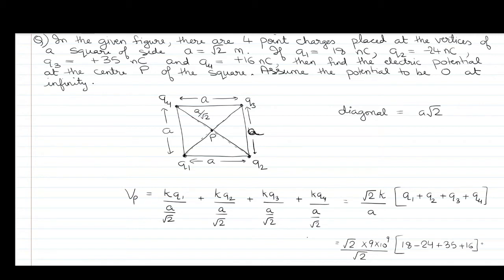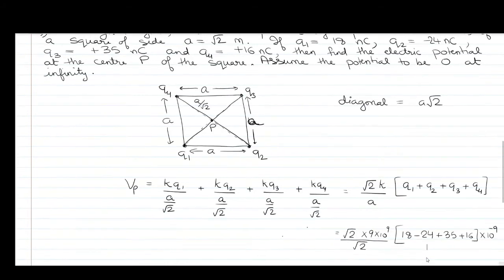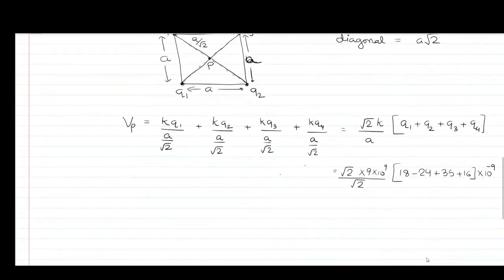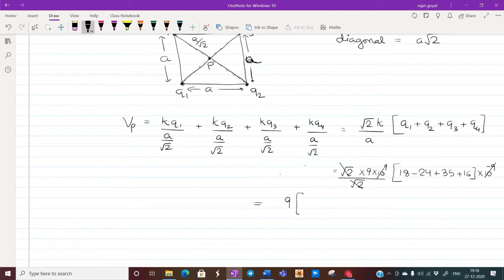And all these are in nanocoulomb, so we will multiply by 10 to the power minus 9. So we can cancel the roots, and 10 to the power 9 and minus 9 will also get cancelled. 9 times 18 minus 24 is minus 6.